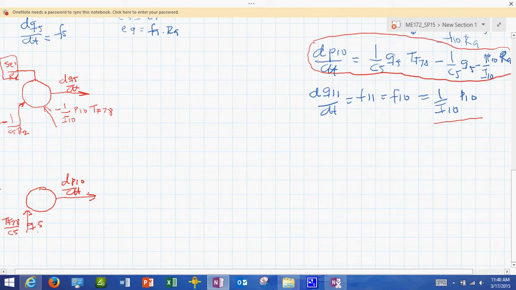And then it has only one more term in here, which is minus 1 over C sub 5 Q sub 5.